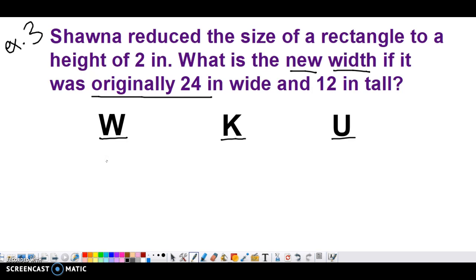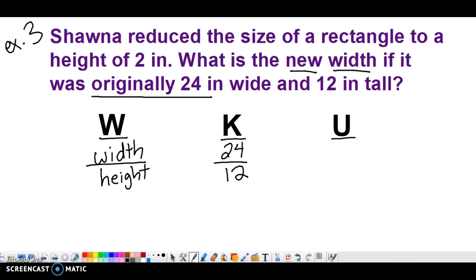Our words are going to be width and height. Do you agree? Because we're talking about original wide and original tall. So width and height. Now it says originally 24 inches wide and 12 inches tall. Okay, so we've got 24 inches wide and 12 inches tall.